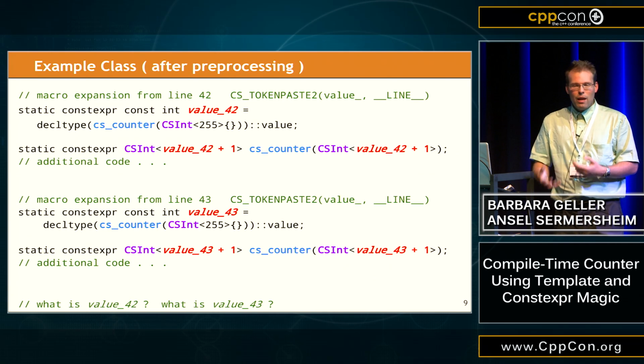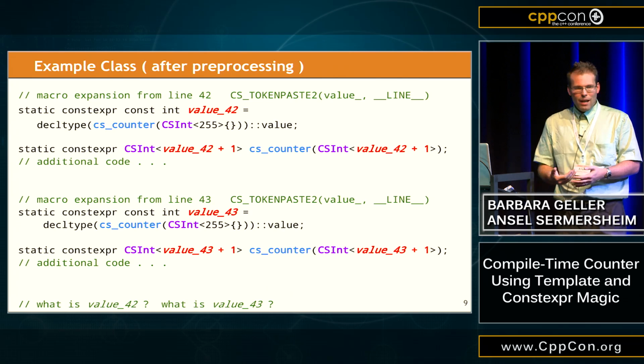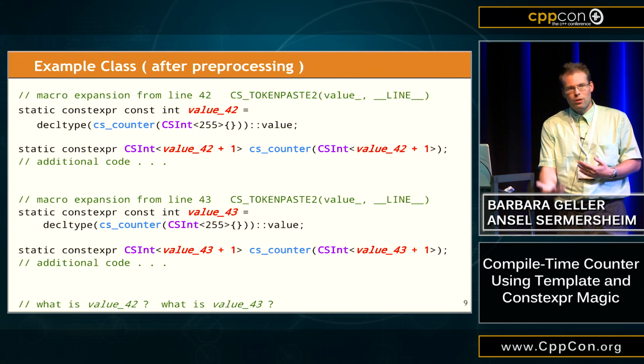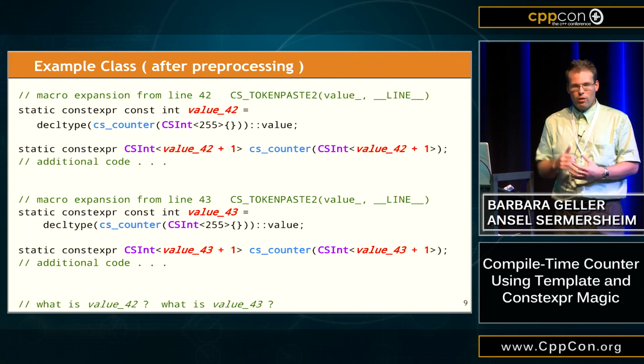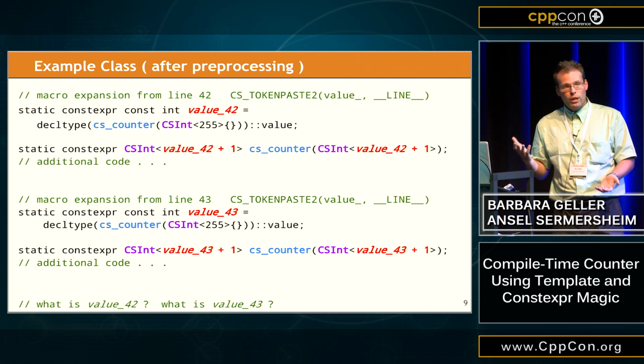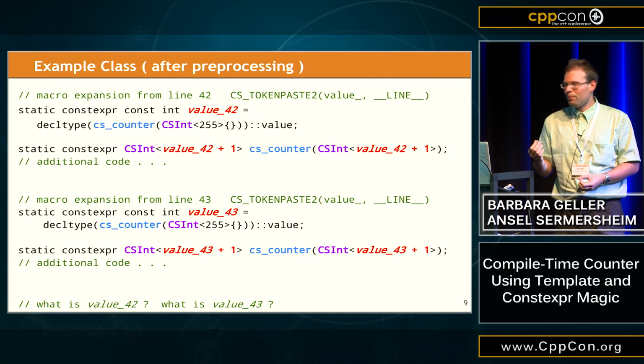And the answer is, by the normal rules for method overloading, it would match the 0. The reason for that is because 255 inherits from 254, inherits from 253 all the way down to 0. And therefore, you can successfully call the method that we declared on the previous slide. So value 42 will be 0.